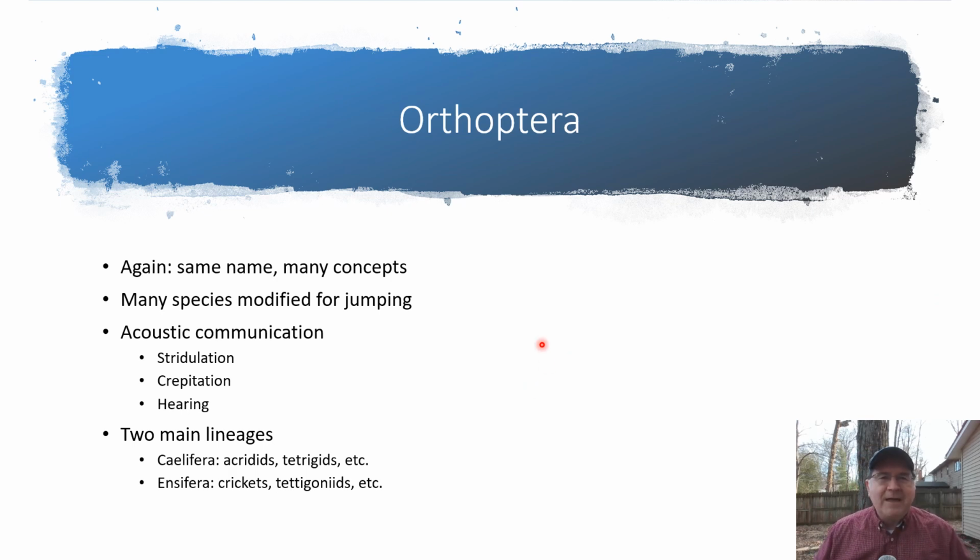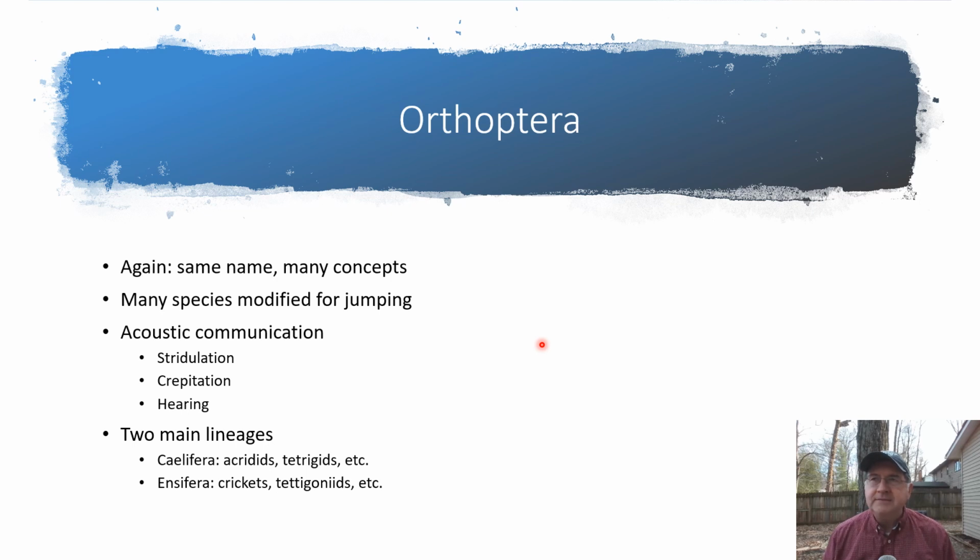Actually, I rearranged the order of these slides, so the fact that I put "there again" means I haven't gotten to the first instance of this. What I mean by that first phrase, same name, many concepts, is that within the Polyneoptera, there are a few names that have been used in vastly different ways, and Orthoptera is one of them.